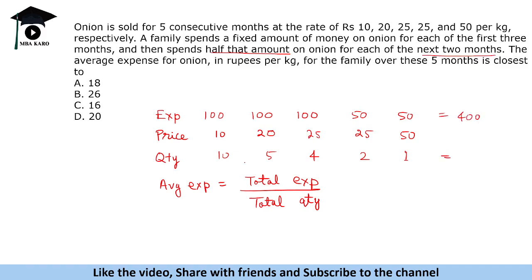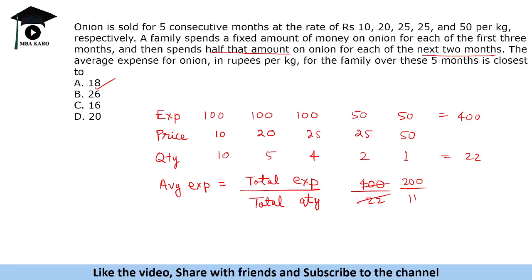And total quantity is 15 plus 5, 20, 22. So 400 by 22, or we can say 200 by 11. 11 into 18 is 198. So approximately you get the answer as 18 rupees. Okay, so this is how we do this one.